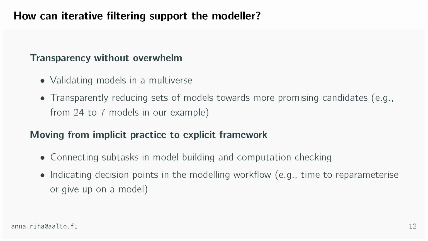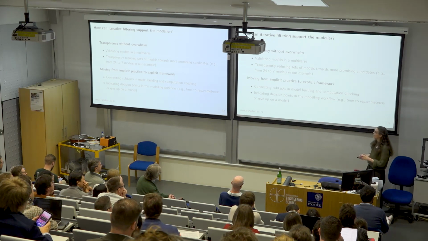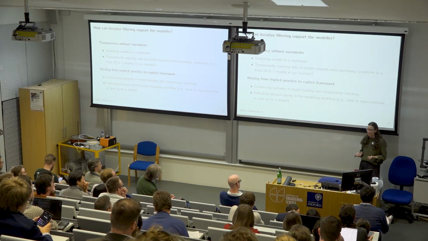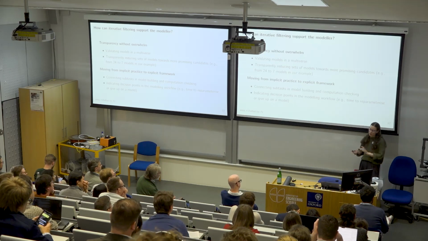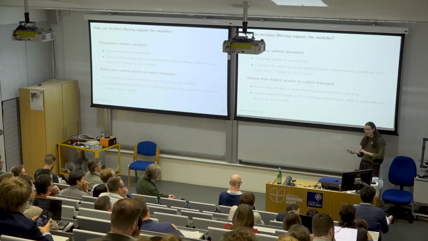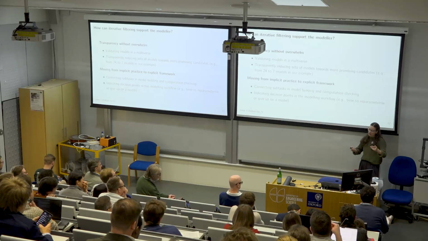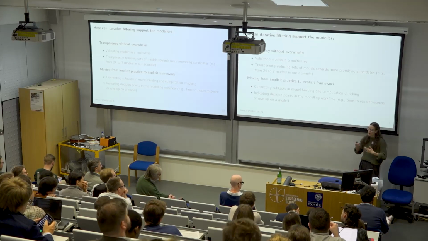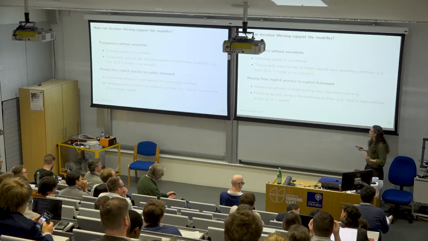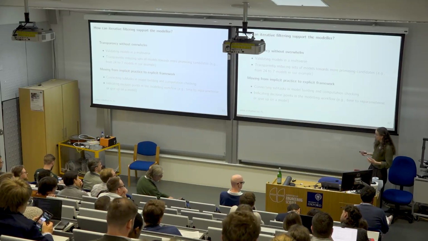Secondly, we want to move from an implicit practice to more explicit frameworks. We want to look at different subtasks in the modeling workflow, and specifically the connections between model building and computation checking. And how can we support modelers by giving them a clearer walkthrough on how to approach the different subtasks jointly?